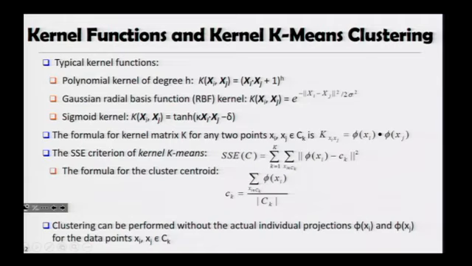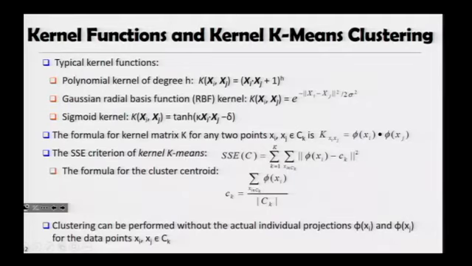So we talk a lot about the kernel transformation. What is the kernel transformation, and what are the possible transformations we can do? One of them is definitely the polynomial kernel of degree h. The kernel similarity between data points xi and xj can be defined as the inner product of xi and xj, plus 1, to the power of h.